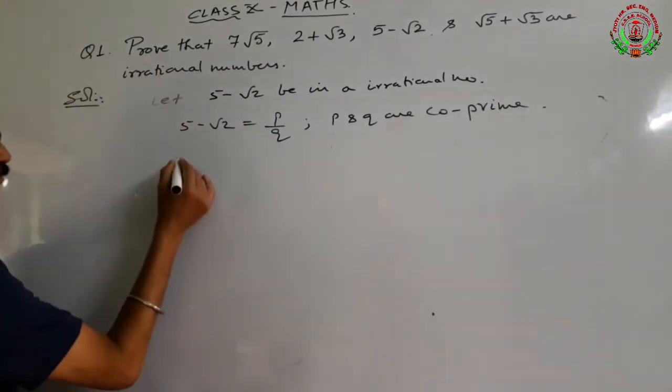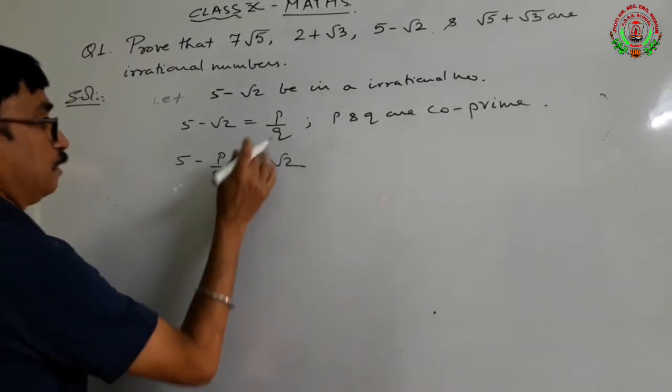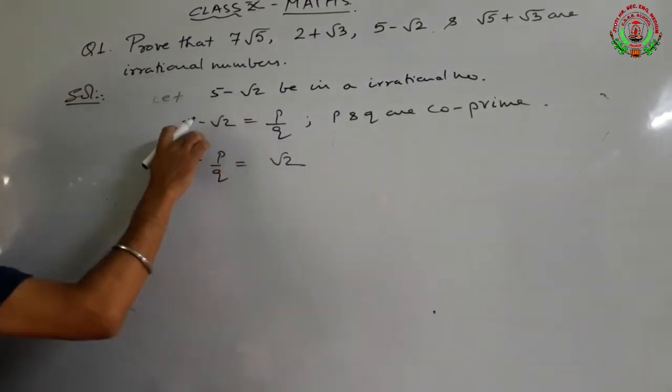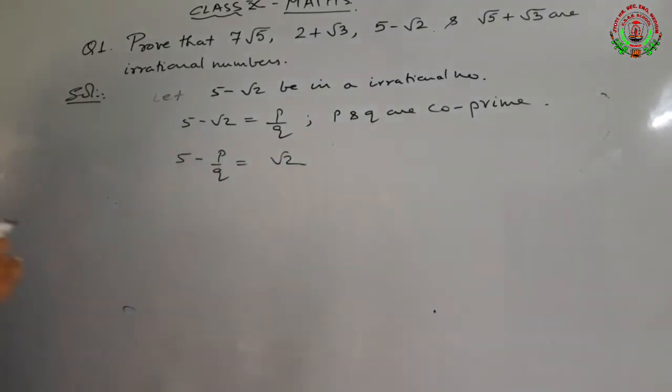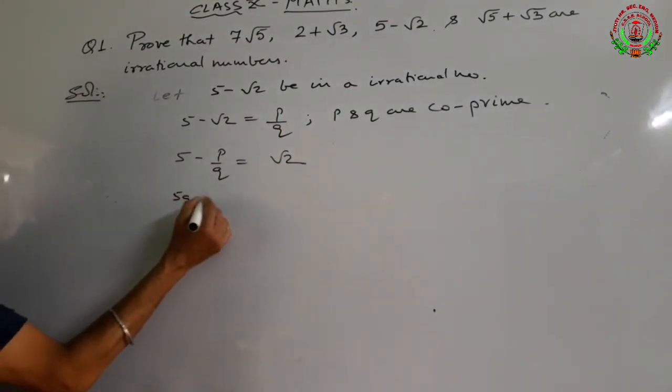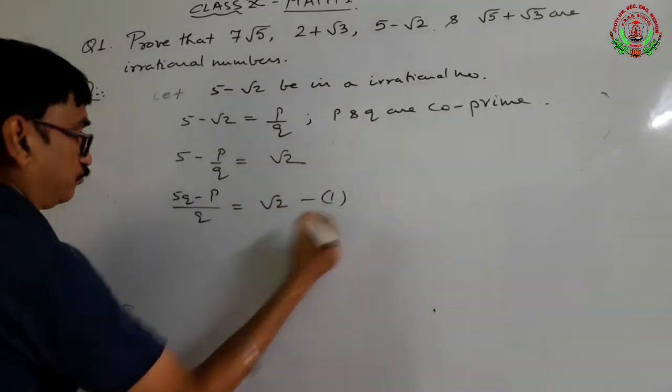So here also what we do, 5 minus p by q is equal to root 2. This p by q we transpose to the left side, and root 2, the radical quantity, to the right side. Now after taking LCM, 5q minus p upon q is equal to root 2, equation 1.